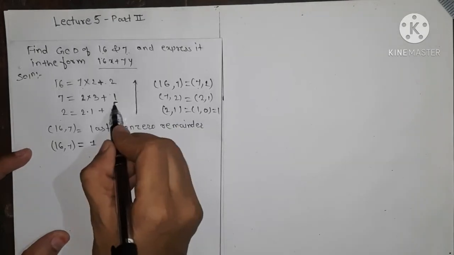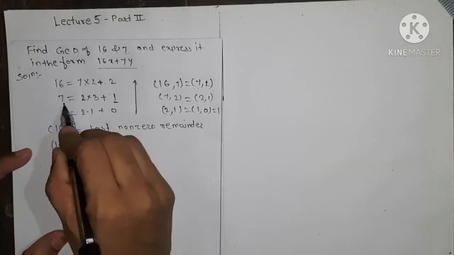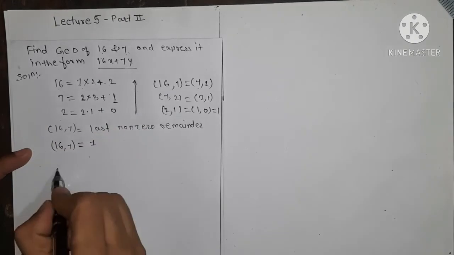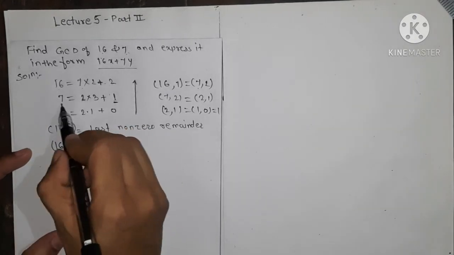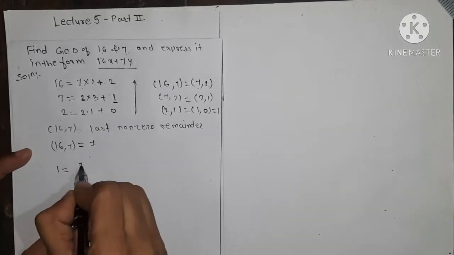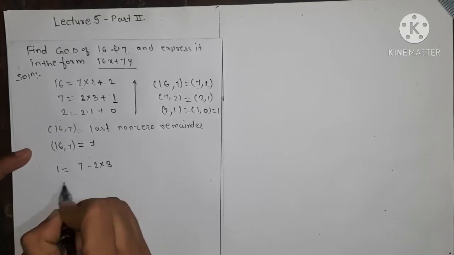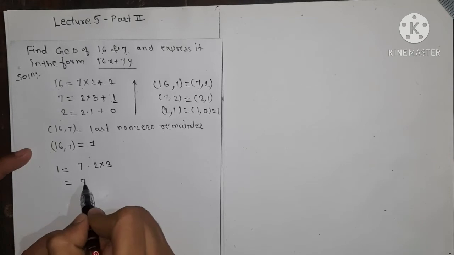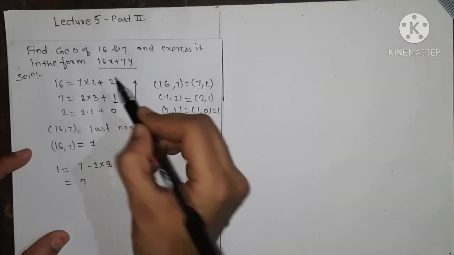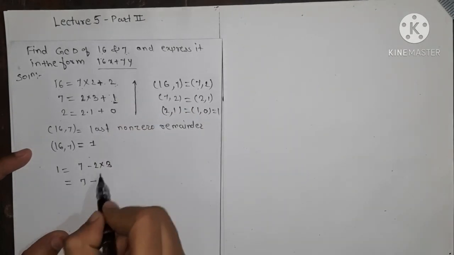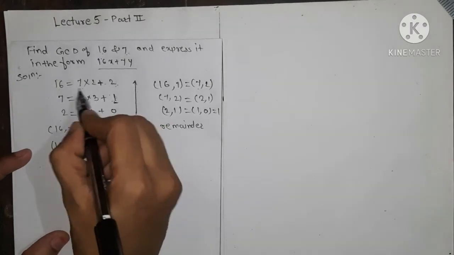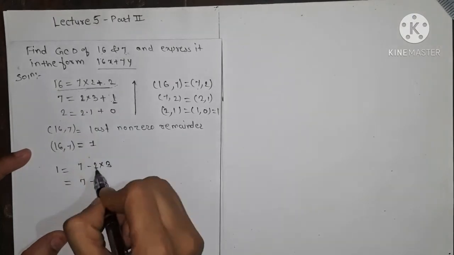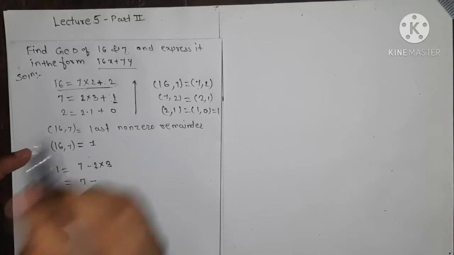We have the last remainder is 1 and we express this 1 by taking the reverse steps. So here 1 can be written as 7 minus 2 into 3. After that, the remainder is 2, so we replace this 2 by this equation, 2 as 16 minus 7 multiplied by 2.